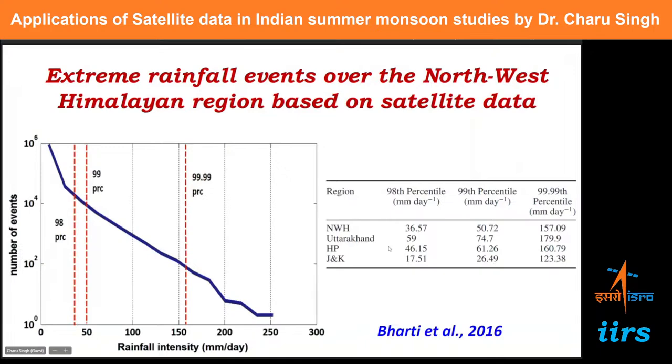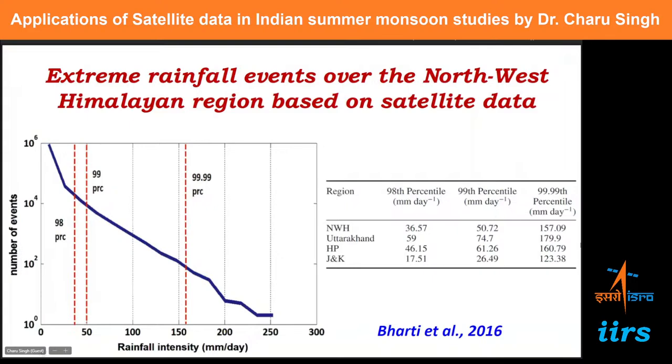Likewise, we have also seen the extreme rainfall events over the Uttarakhand region. You have also seen the climatological distribution of rainfall, that rainfall is a highly spatially variable quantity over the Indian region. Likewise, if we compute the thresholds of the extremes over the Indian region, we find that there is high spatial variability as well.